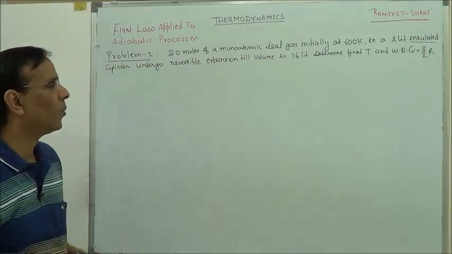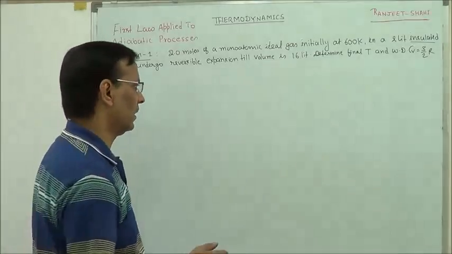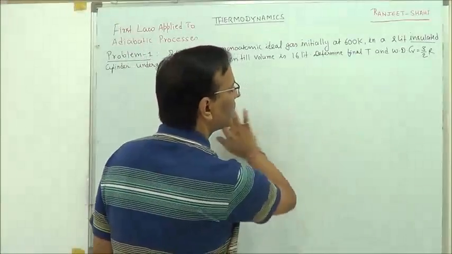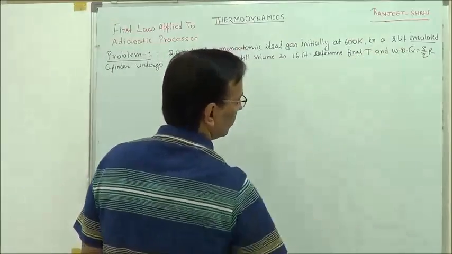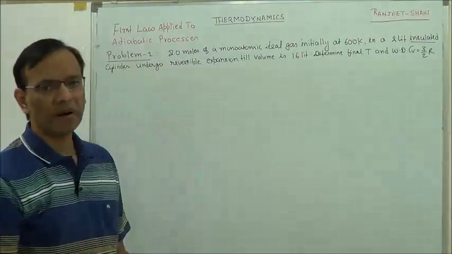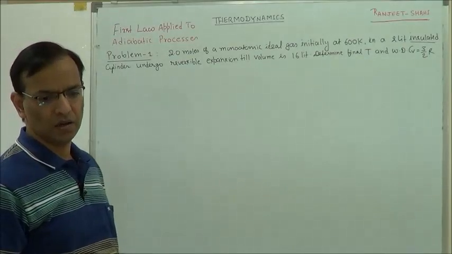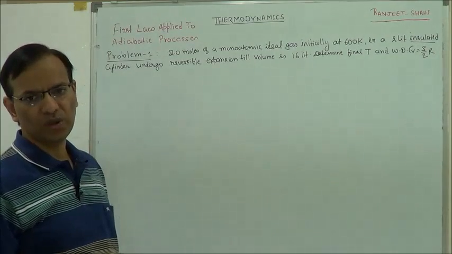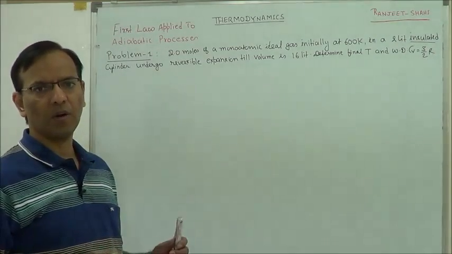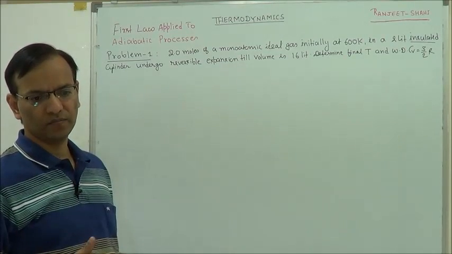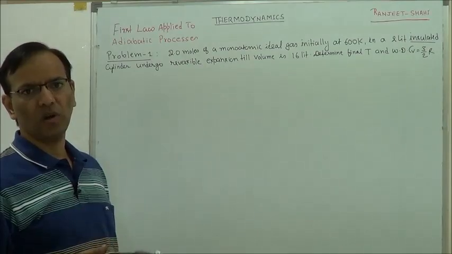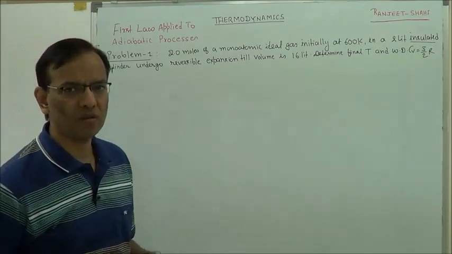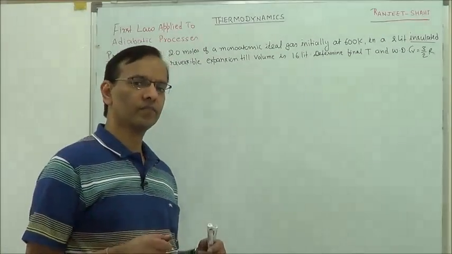Heat capacity may or may not be given, because we need to remember the expression for Cp, Cv for monoatomic, diatomic, triatomic gases. I have briefed this in the beginning. This you have studied in very much detail in physics, the equipartition principle.